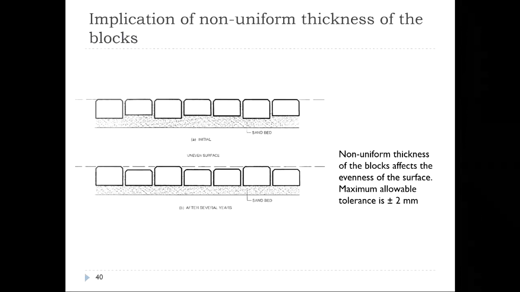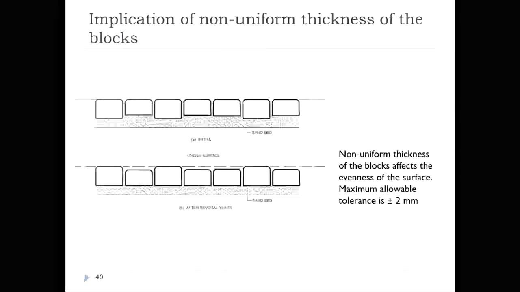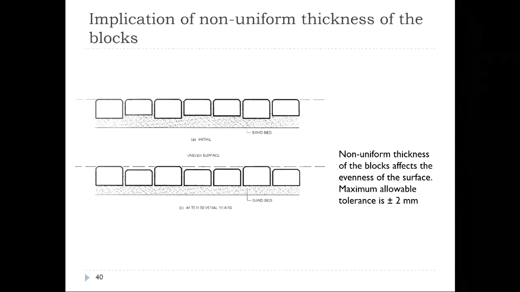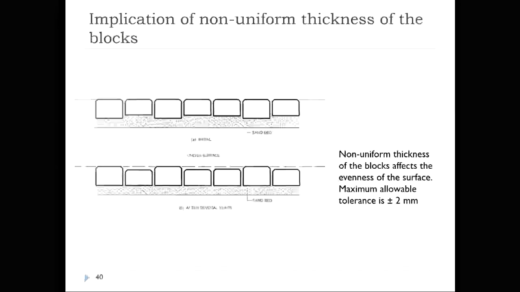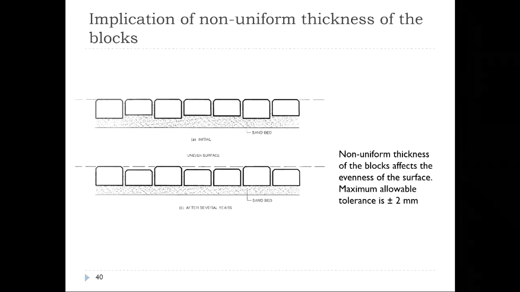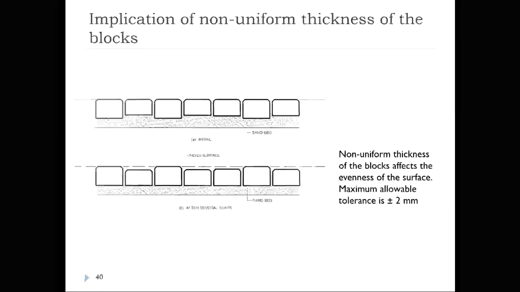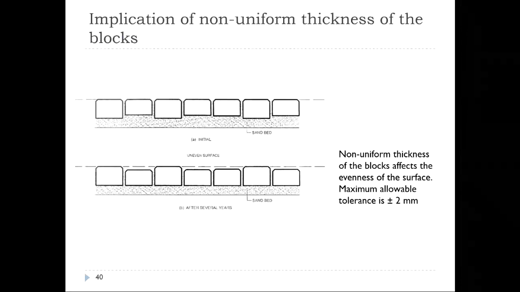We need to collect these blocks in a random manner and test their thicknesses using a length gauge, or send them to accredited labs to check their compressive strength. Non-uniform thicknesses of the blocks will affect the evenness of the surface, and the maximum allowable tolerance given by the code is plus or minus 2 mm.